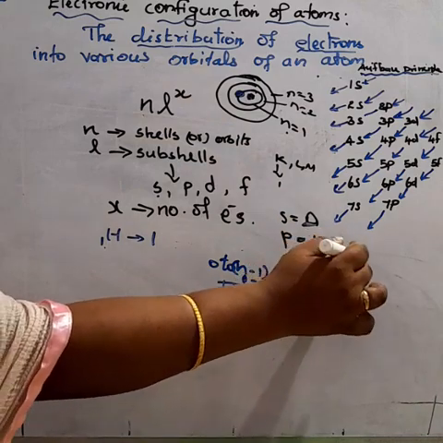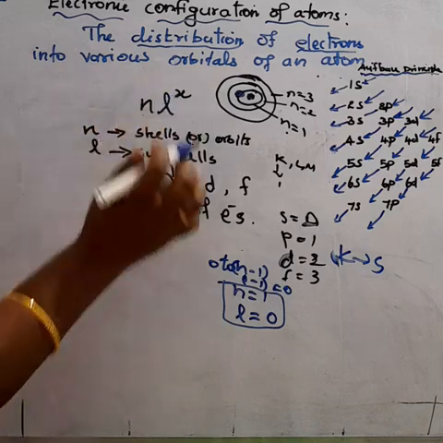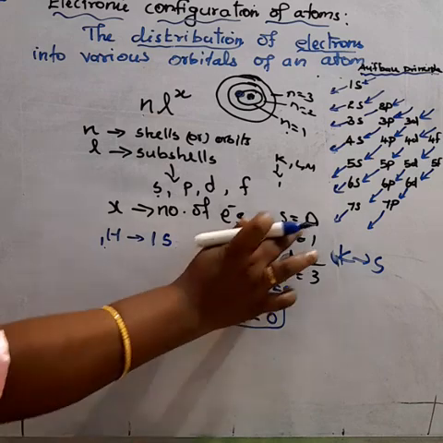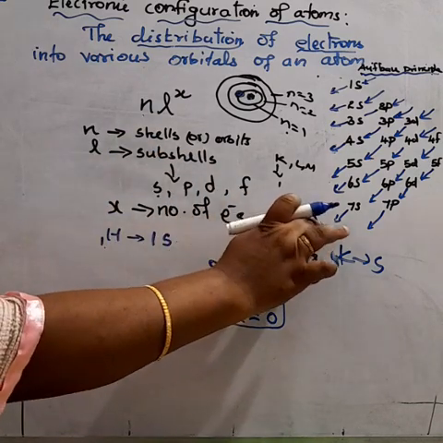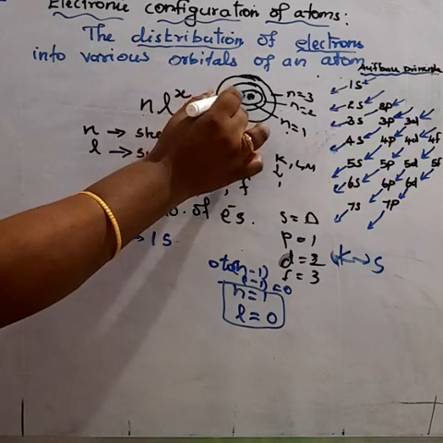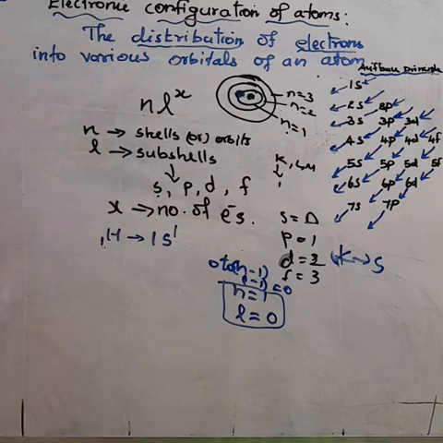So l equal to 0 represents the s orbital, 1s. How many electrons are present in this subshell? Only one. So we write 1s1.